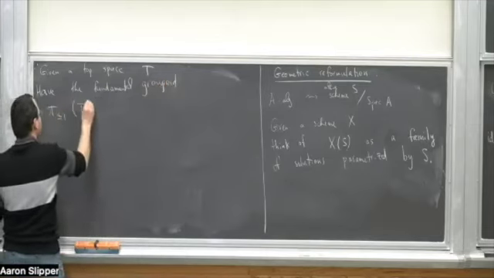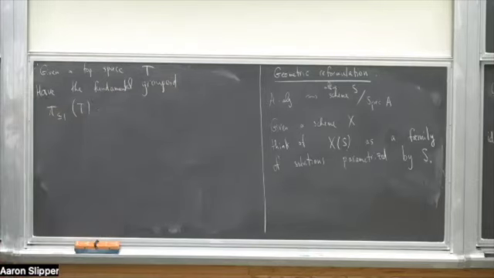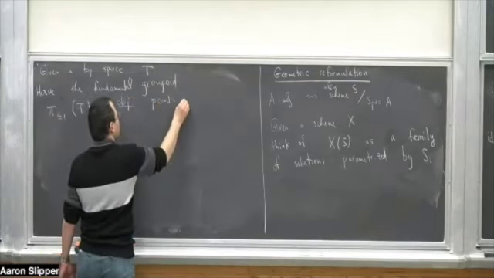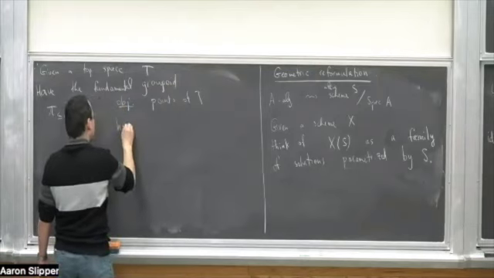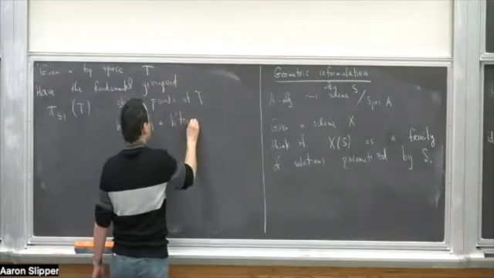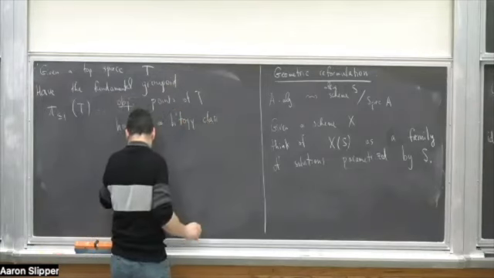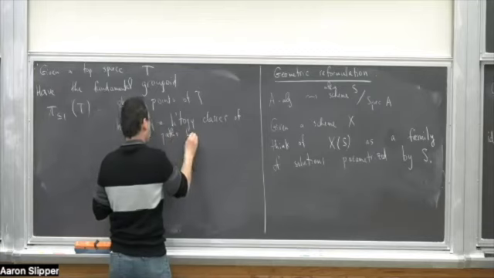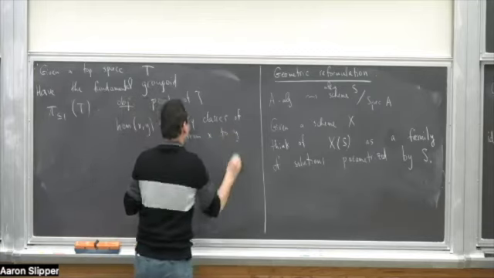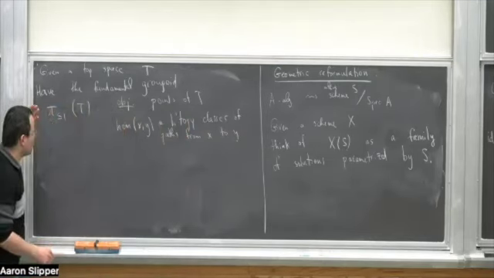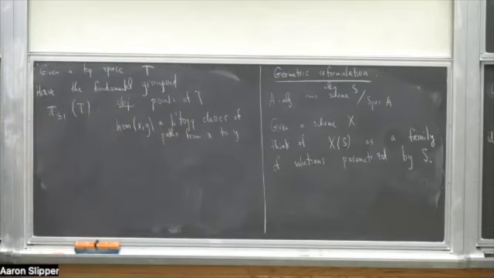π≤1 of T is defined as follows: the objects are just points of T, and from X to Y, the morphisms are homotopy classes of paths from X to Y. So this is a kind of refinement, possibly, of the fundamental group.